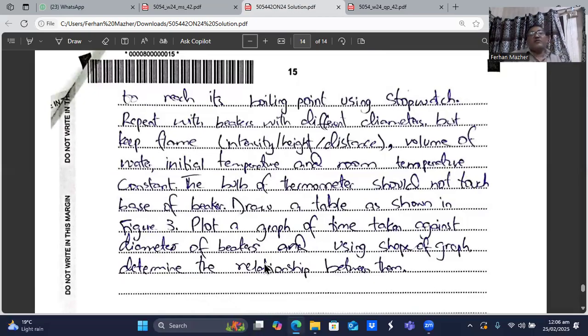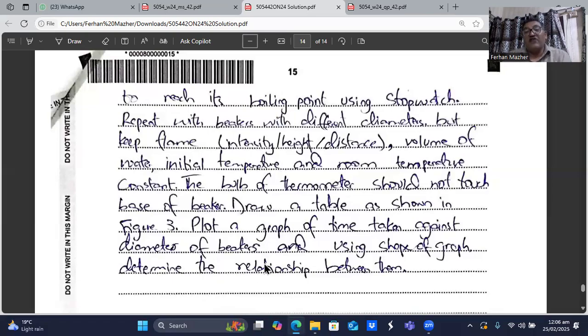Repeat this with beakers of different diameters, but keep the flame initially high, distance, volume of the water, initial temperature, and room temperature constant. The bulb of the thermometer should not touch the base of the beaker.